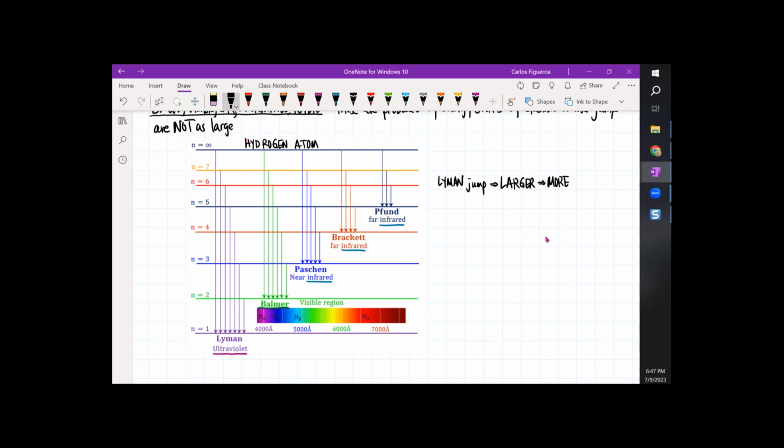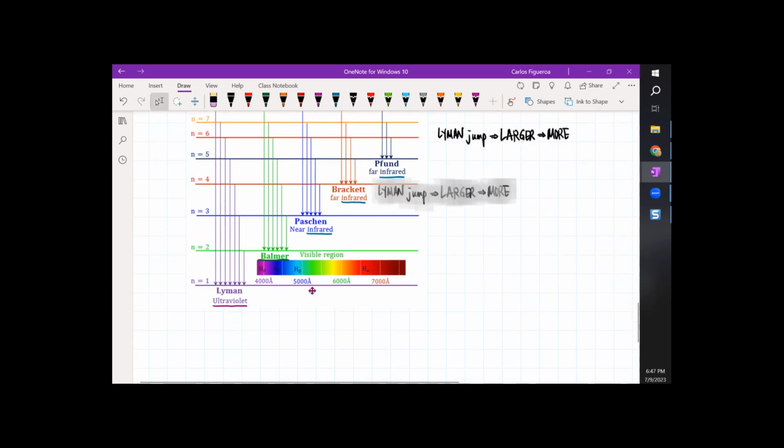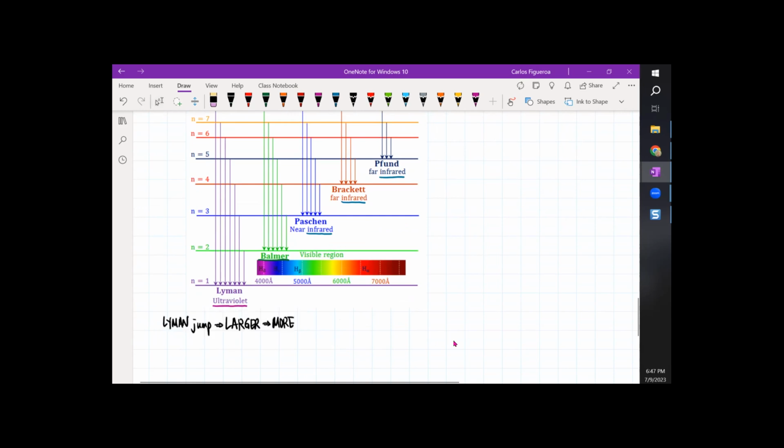You know what? I'm going to run out of space. So I'm going to pull this down here. So if I have a Lyman jump, it has a larger jump. So therefore, it has more energy. And as a consequence, it has a higher frequency.